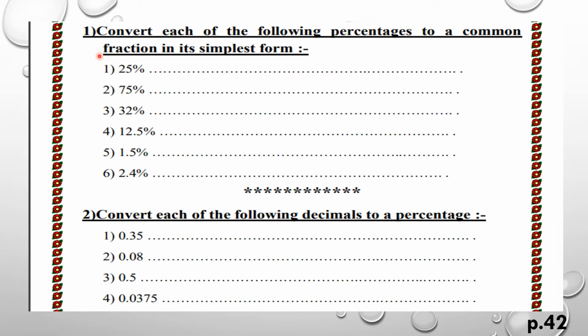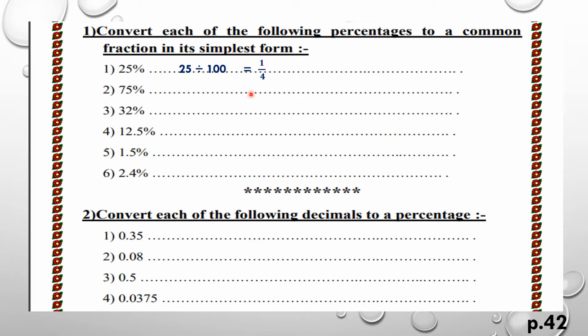Number 1. Convert each of the following percentages to a common fraction in its simplest form. To convert from percentage to fraction or decimal, all we need to do is divide by 100. So, number 1, 25%. 25 divided by 100 on your calculator, the result will be 1/4.